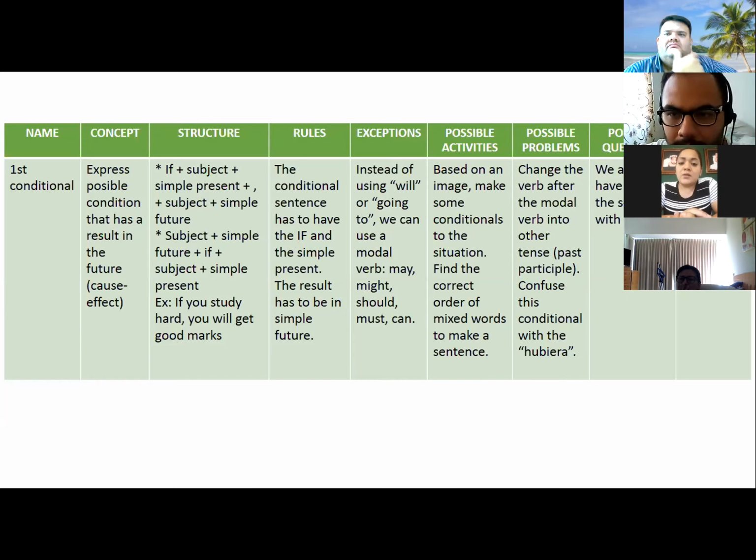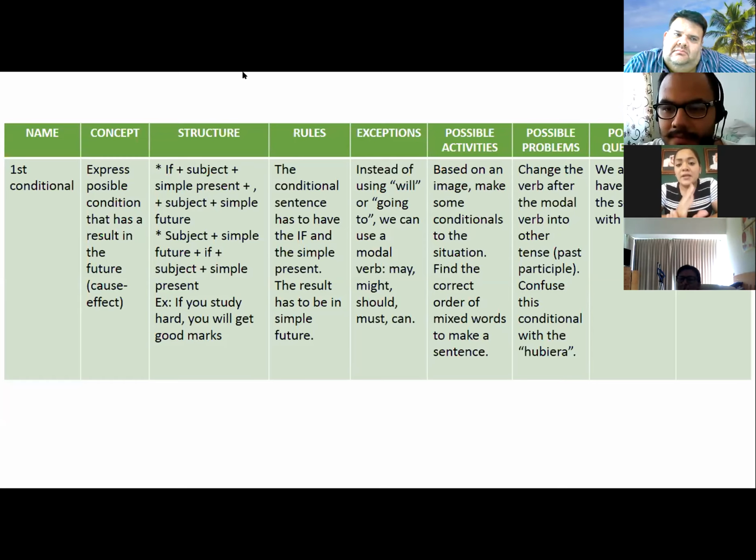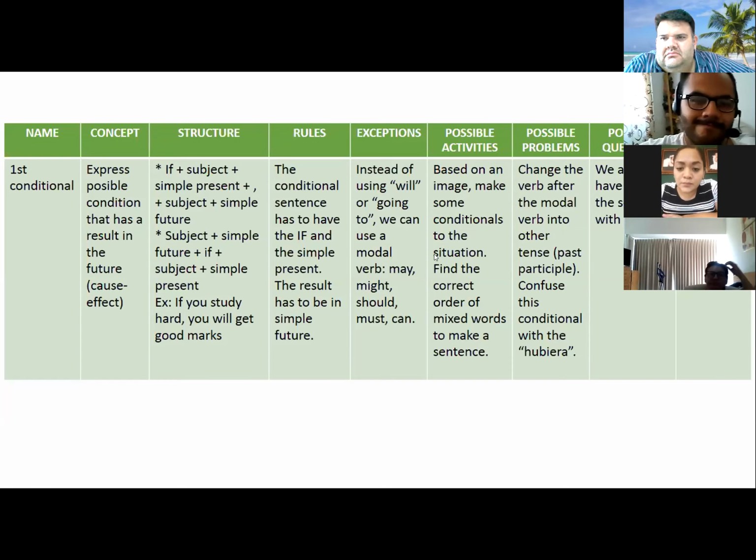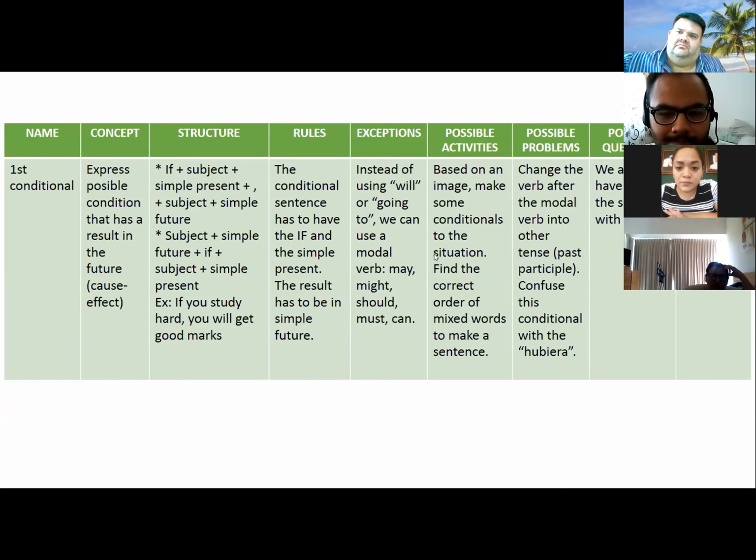In rules, we found that the conditional sentence has to have the if and the simple present. The result has to be in simple future. Some exceptions that we found are that instead of using will or going to, we can use a modal verb that can be may, might, should, must, or can.